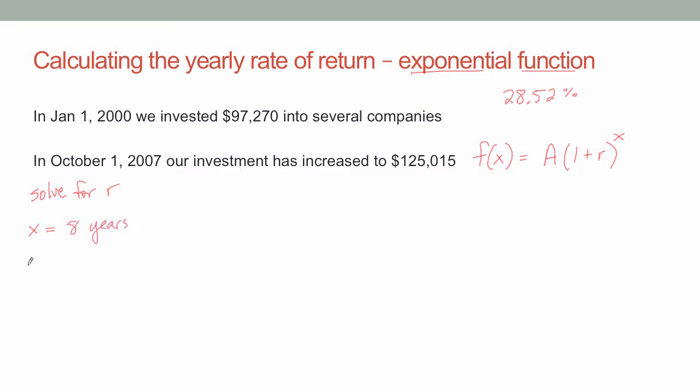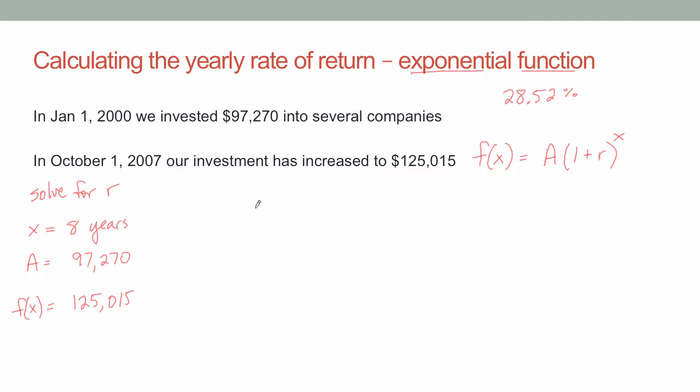We do know our initial amount, right? We invested $97,270. And we know f of x, the amount of money we get back. We knew after 8 years, it's grown to $125,015. All right, so everything else we can now work backwards and calculate.